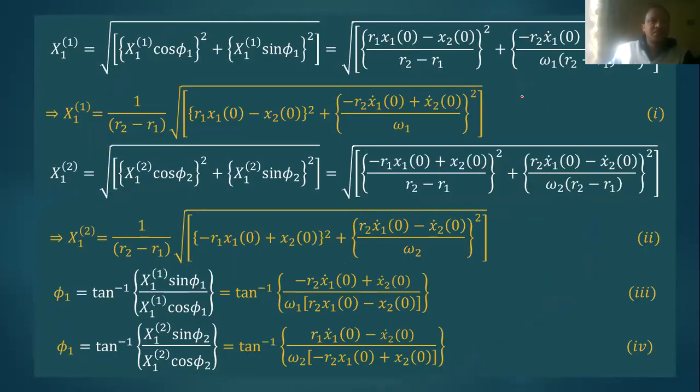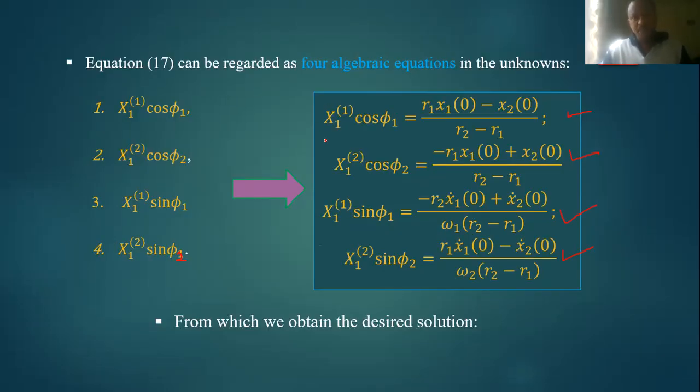So the next step is just finding x1 of 1, because this square plus this square gives us x1 of 1. Why?